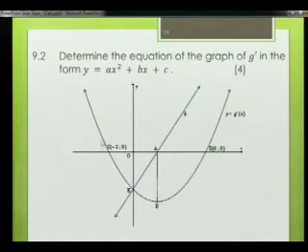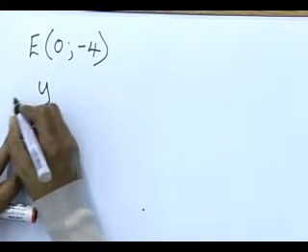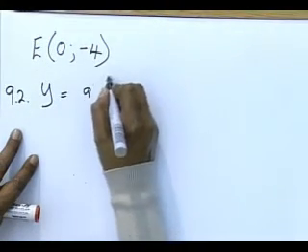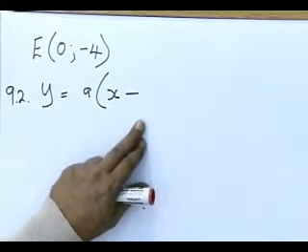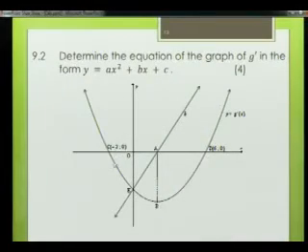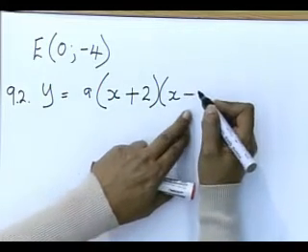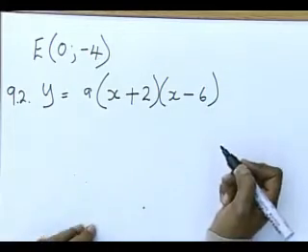To find the equation of the parabola, old news, I can say y equals a times (x minus my one root, minus 2, so it becomes plus 2) times (x minus the other root, that is 6, so it becomes minus 6).